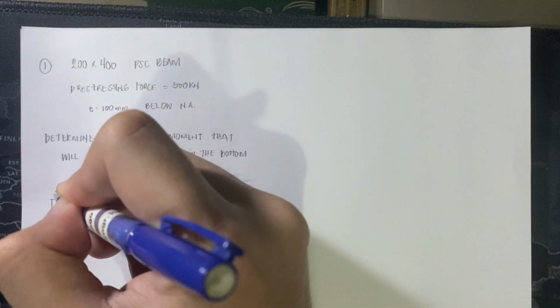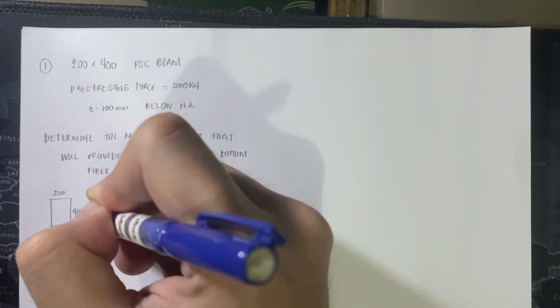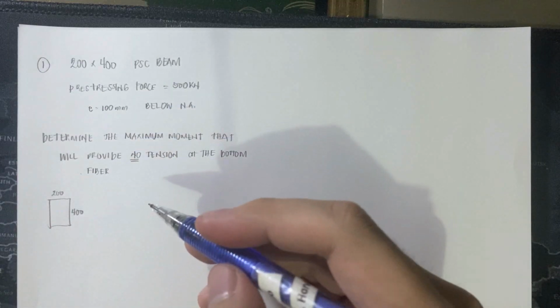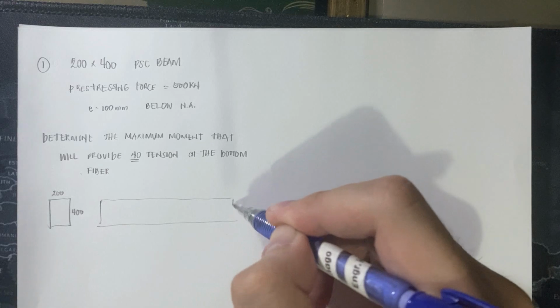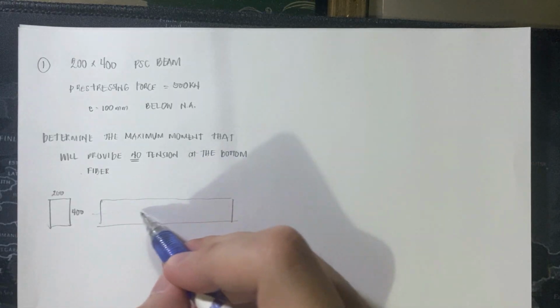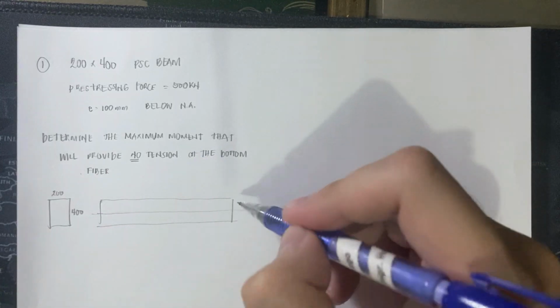So we have a concrete beam, 200 by 400 in dimension. We assume that it is simply supported. And this would be your neutral axis.